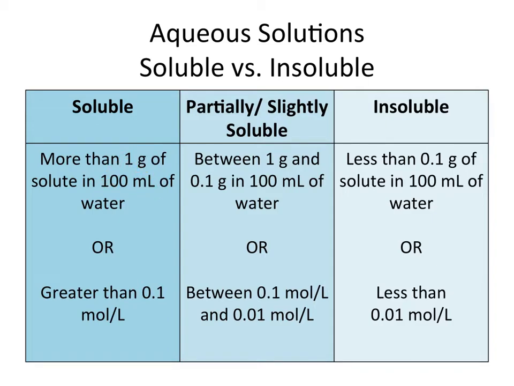And as we go to less soluble or insoluble, that amount gets a lot smaller. When we're talking about insoluble, it doesn't actually mean that no solute dissolves. There usually will be a very, very small amount, almost unnoticeable. But solubility is really a relative term. So again, here is more than 1 gram, here is between 1 gram and 0.1, and here is less than that.